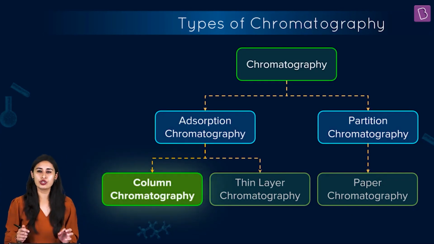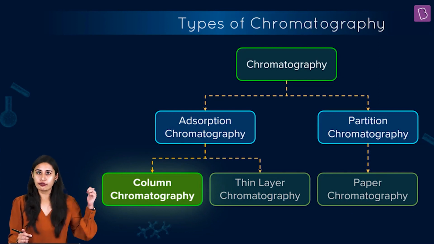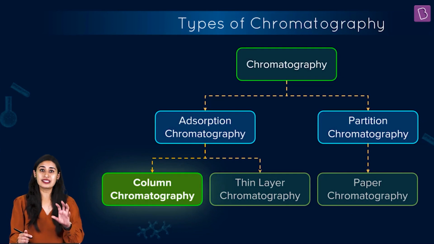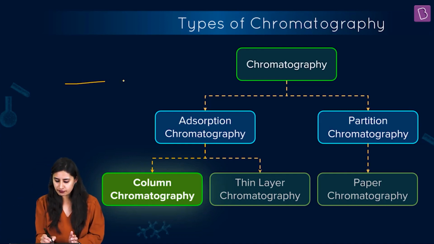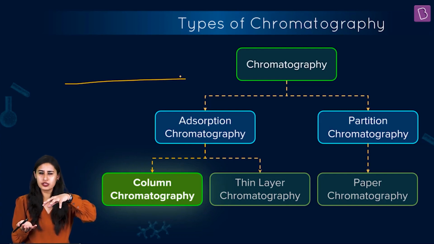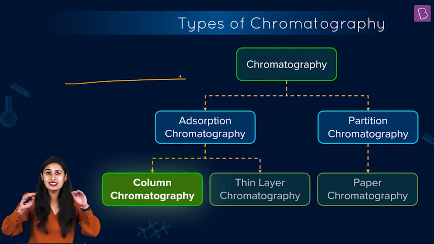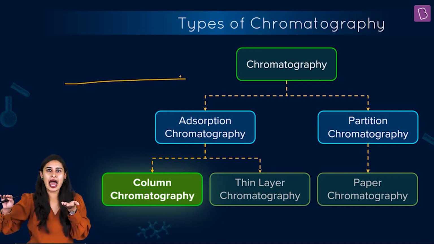Few words that you should be well acquainted with before I start talking about the first one, column chromatography, is adsorption. What is adsorption? It's a surface phenomenon in which we have a bench over which some species is going to sit on the surface, right? It's not going in the bulk, it's happening at the surface.